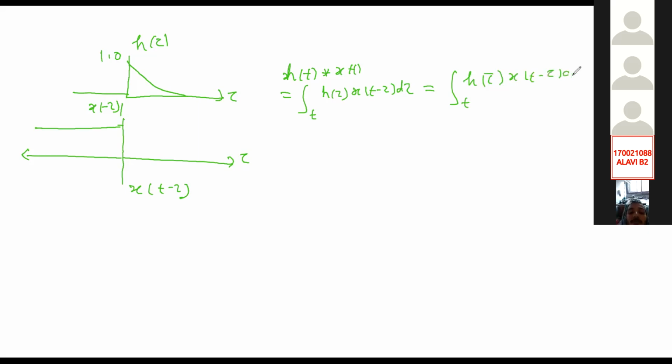You can go either way. In our first example, we followed this. You can also follow this in this example, and you can also follow this. In either way you can go.